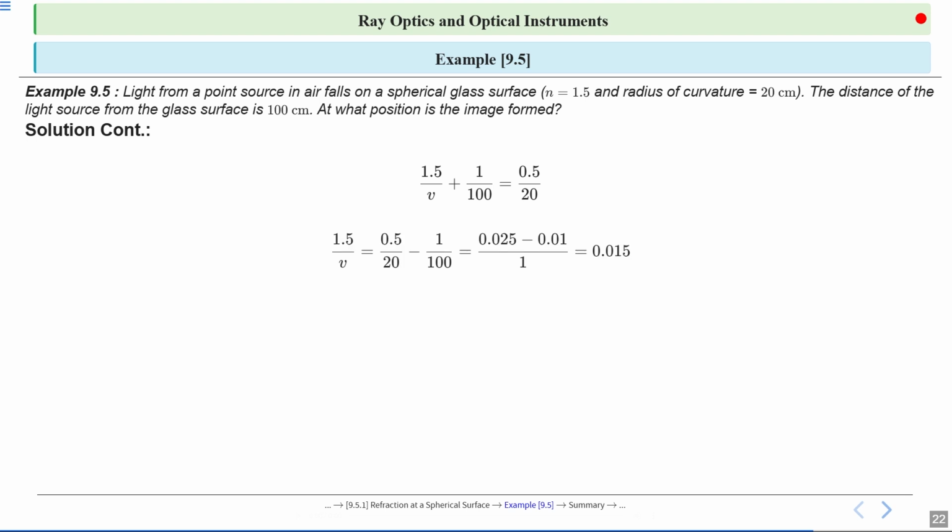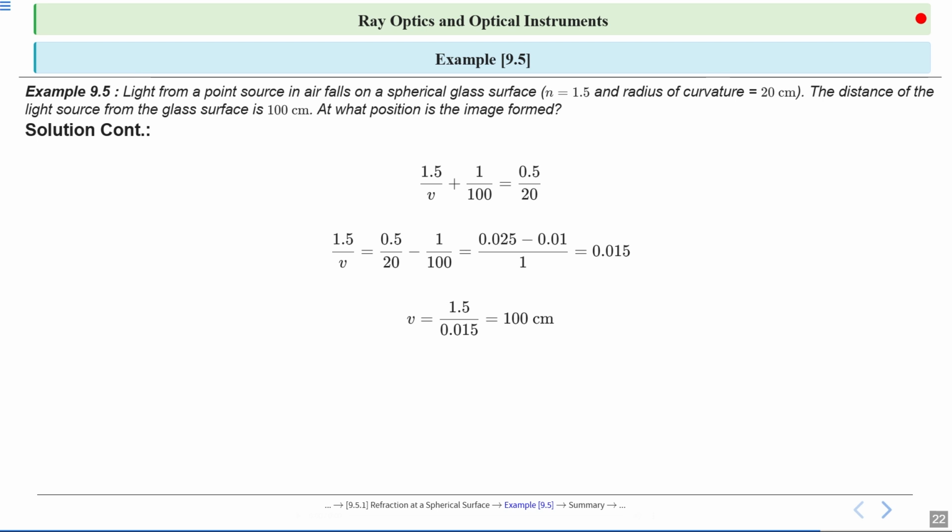So 1.5 upon v equals 0.5 upon 20 minus 1 by 100. 0.5 upon 20 is 0.025 and 1 by 100 is 0.01. After subtracting, it becomes 0.015. So 1.5 upon v equals 0.015, and v equals 1.5 upon 0.015, which is 100 centimeter.